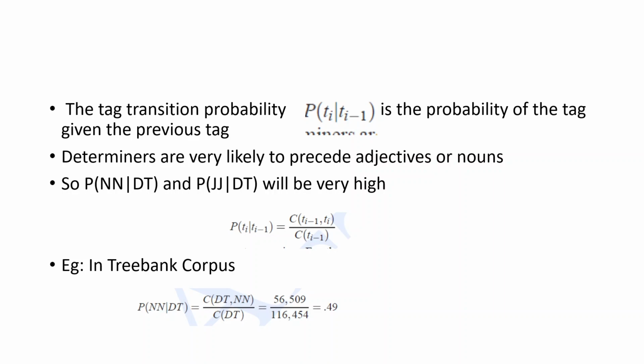So what is the probability of a noun occurring given that a determiner occurs before it? That also you find, and finally you have this value of 0.49. So a determiner occurring before a noun is actually very probable, it is 0.49.